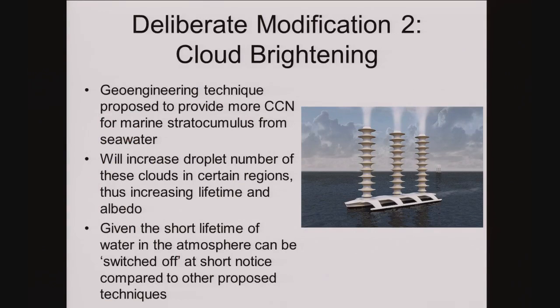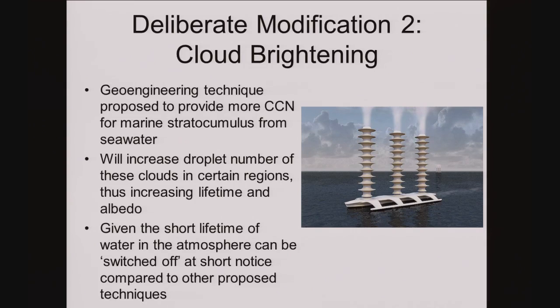It's proposed that we provide more cloud condensation nuclei for marine stratocumulus from seawater. So rather than using combustion sources, actually sucking up the seawater and generating sprays, which then get lofted in the thermals and find their way into clouds and make the clouds brighter.